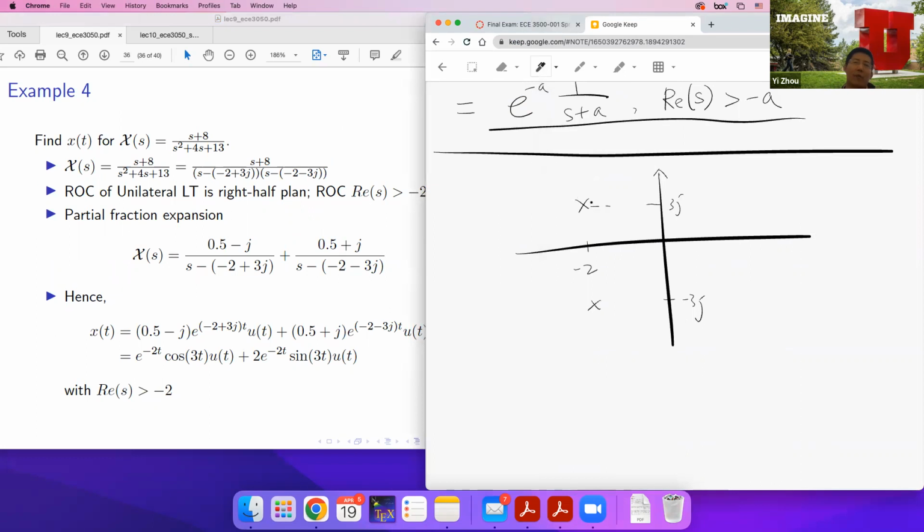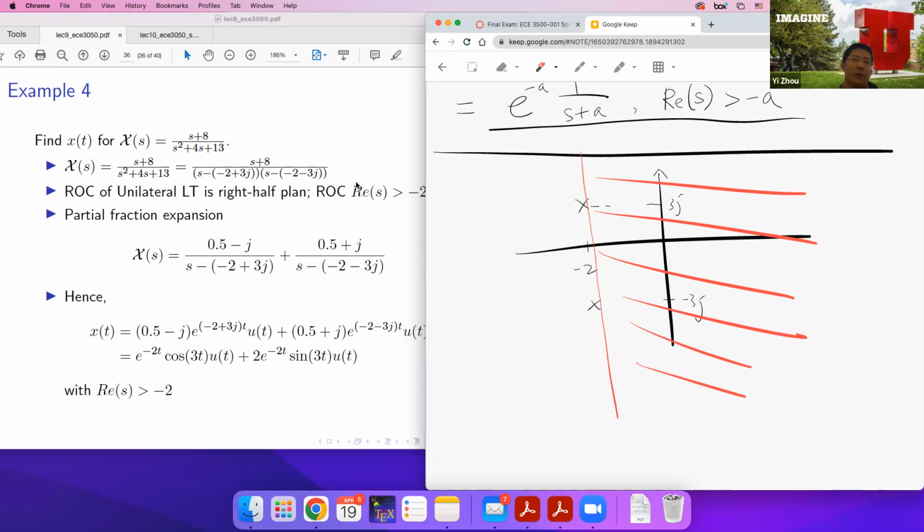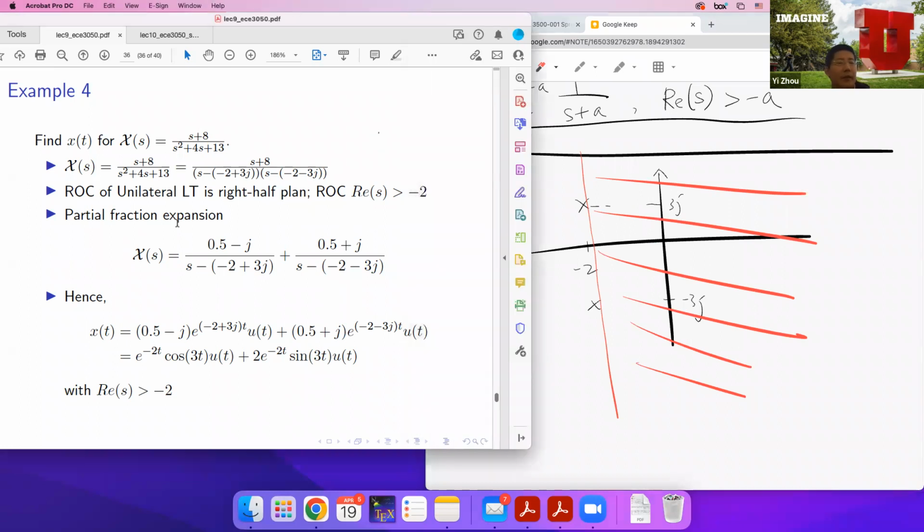And in this example, we have two poles. So the only possibility for the region of convergence is to the right of these two poles. Leveraging this property of the unilateral transform, we can directly figure out the region of convergence. So in this case, the ROC is to the right of -2.